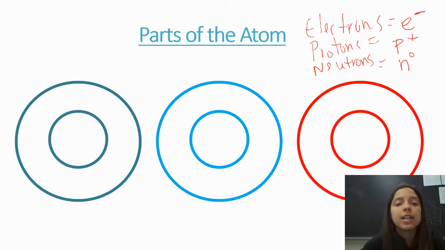On the inside, right here, the inside circle, this is your nucleus, right? And the rings around it, those are the electron clouds. Some people also call them orbitals.